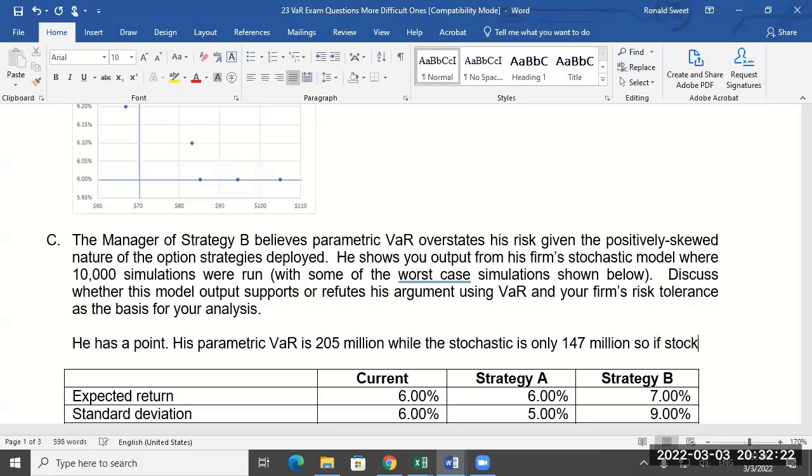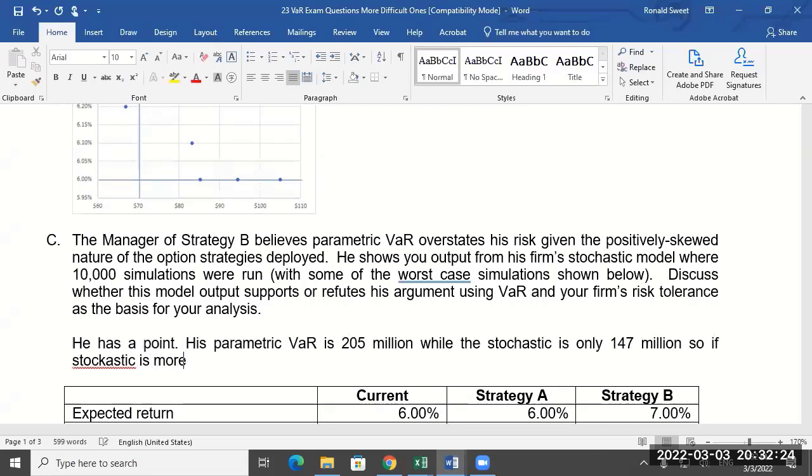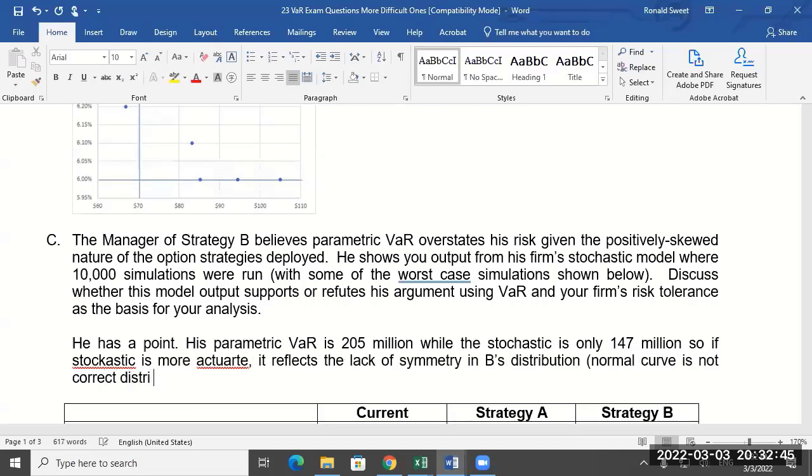If the stochastic more accurately reflects the symmetry of the distribution, a normal curve, not the strategy. Something like that.